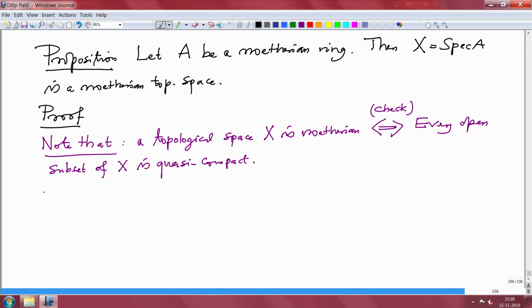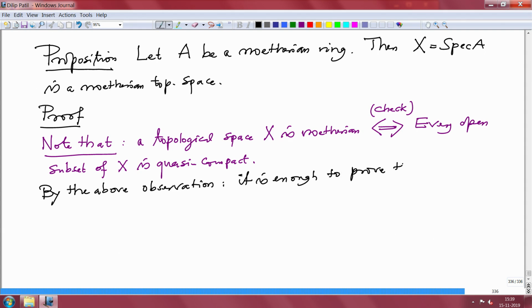So by the above observation, it is enough to prove that every open subset in X equal to Spec A is quasi compact.